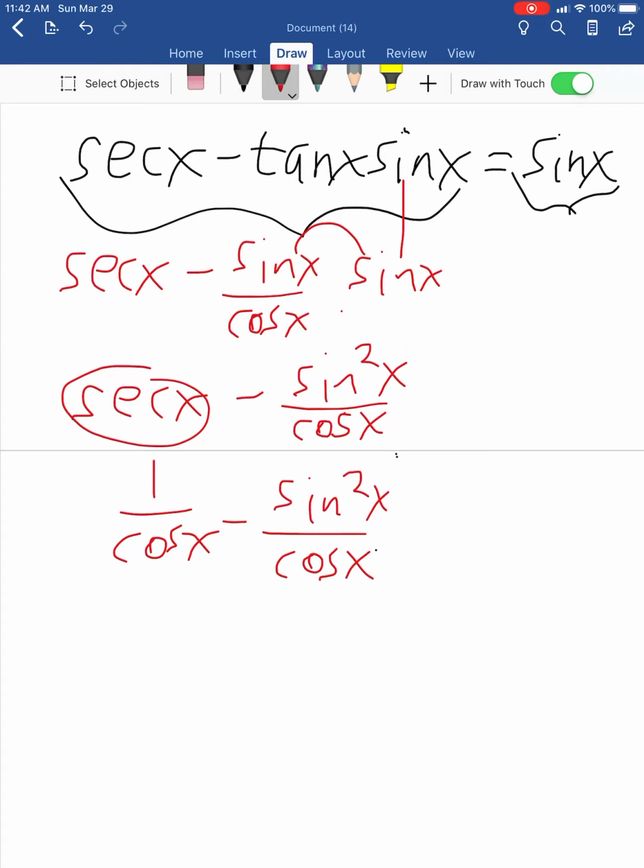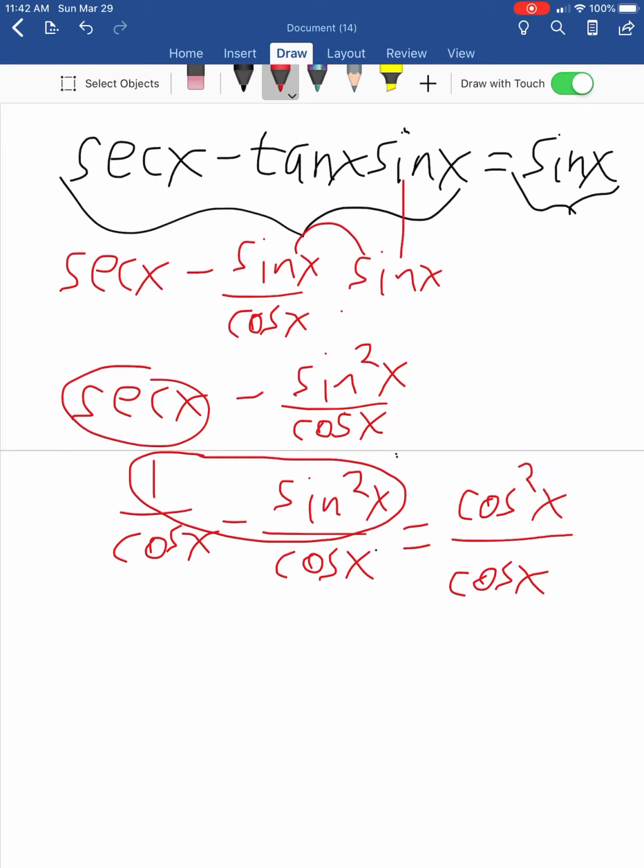And now I'm back in that situation where I need a common denominator. But I already have one because both denominators are cosine x. And just bring over everything on the top. That's 1 minus sine squared. You look at your formula sheet, 1 minus sine squared is cosine squared, right?